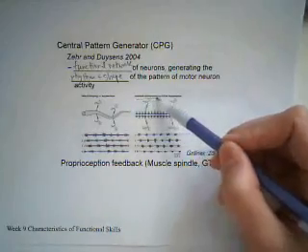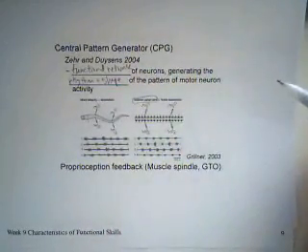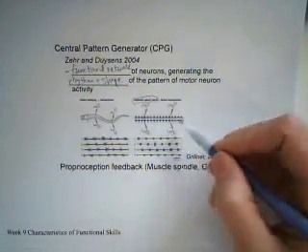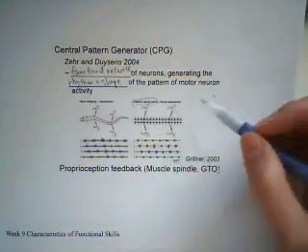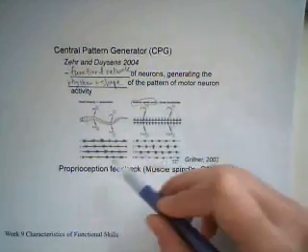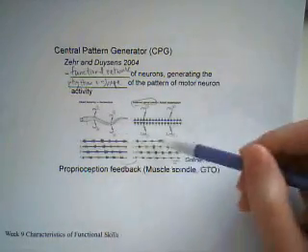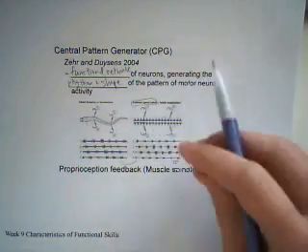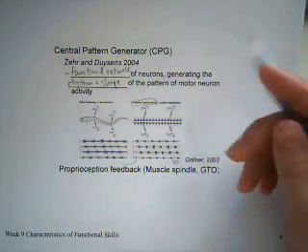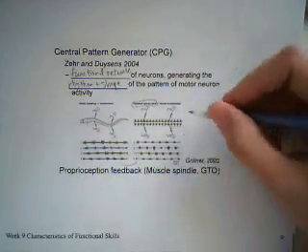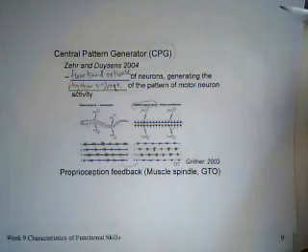Even when the spinal cord is isolated from the brain, so it's prepared with only the spinal cord, when they measured the firing pattern of each motor neuron, the pattern was similar to that of the intact lamprey. So this also shows there must be some network that defines the rhythm and shape of this pattern, and this is the network known as CPG.